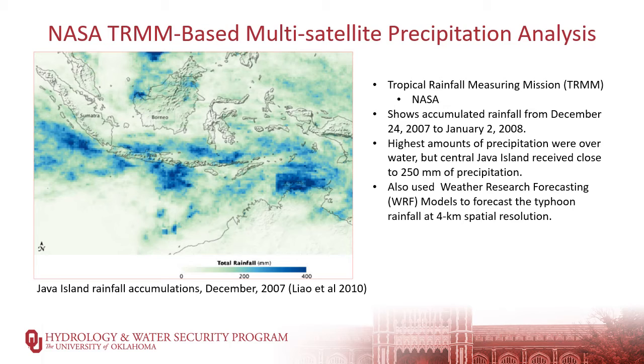You can see the land in the center here, Borneo, and the Java Islands right here. But with this rainfall, they actually received about 250 millimeters of precipitation within that time frame in the center of the island where the area of study was. They also used the Weather Research and Forecasting model to forecast the typhoon rainfall at about 4 kilometer spatial resolution.